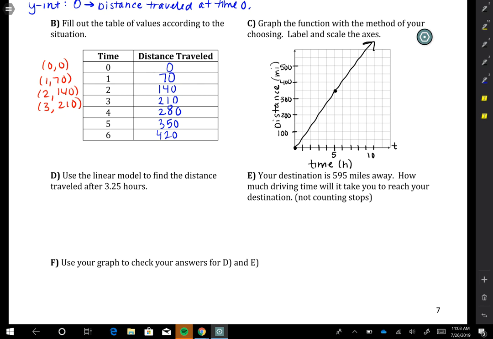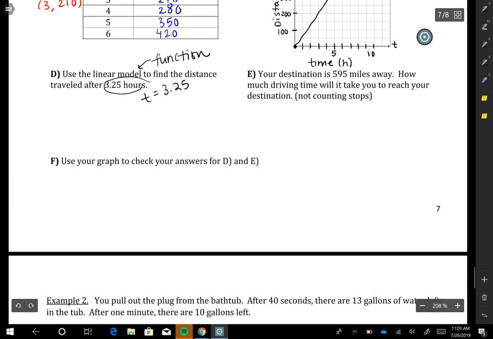Okay, letter D. Use the linear model to find the distance traveled after 3.25 hours. So remember the linear model, that's your function or your equation. And what it's giving us is hours. It's giving us the time. So my function was d of t equals 70 times t. So if I know the time, I'm going to plug 3.25 in for t.